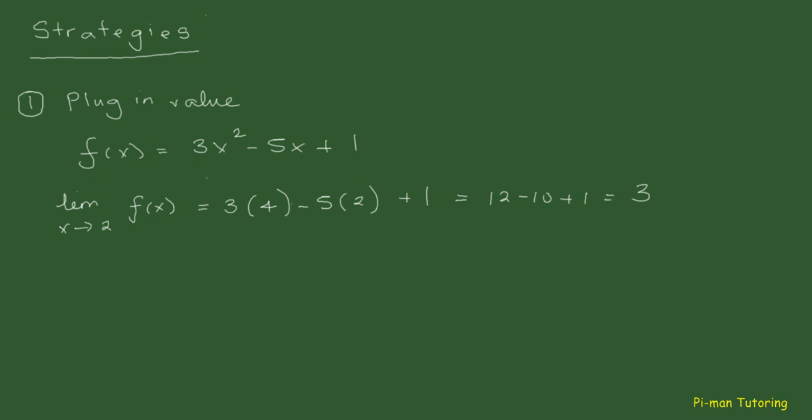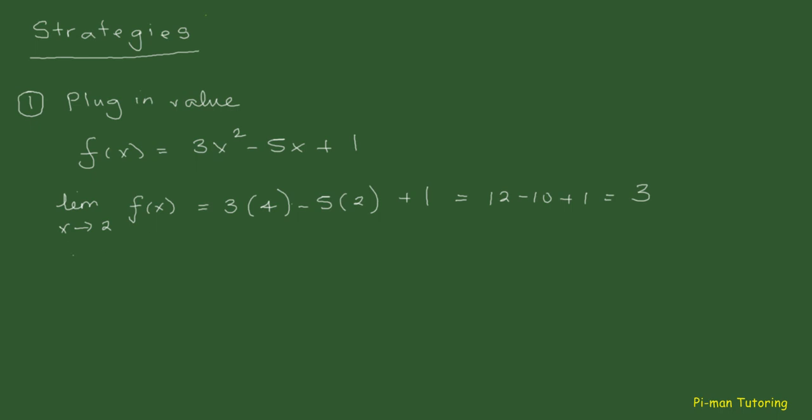So polynomials, in this case a quadratic, are well-behaved functions, and nothing strange happens in terms of zeros divided by zeros, and it's a simple case of plugging in the value and you will get the limit as required.